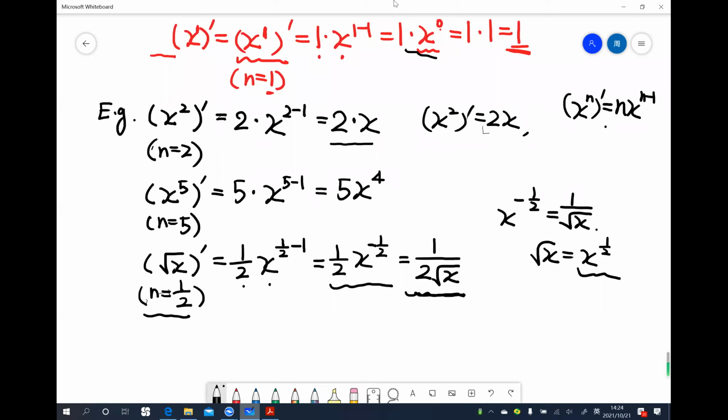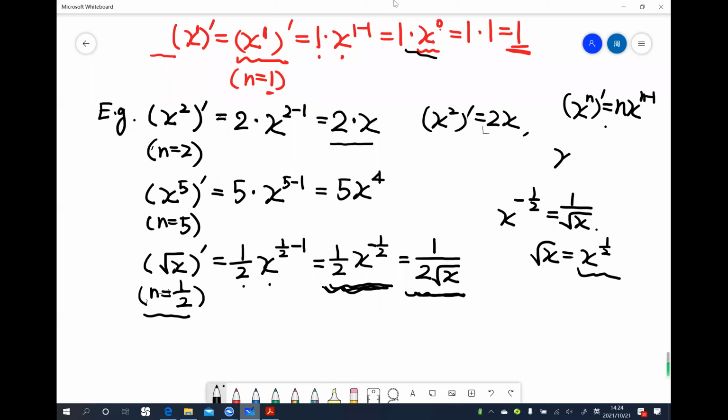So that is minus 1 by 2. So here we got this step, and then x power minus 1 by 2 can be written as 1 by square root of x.